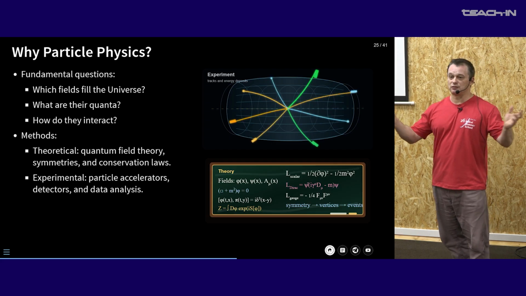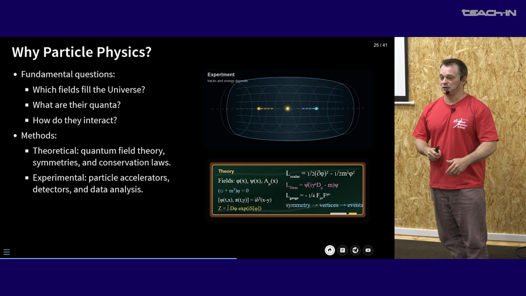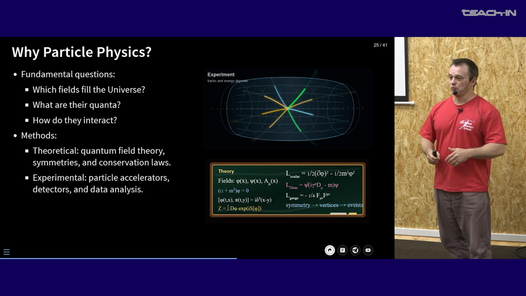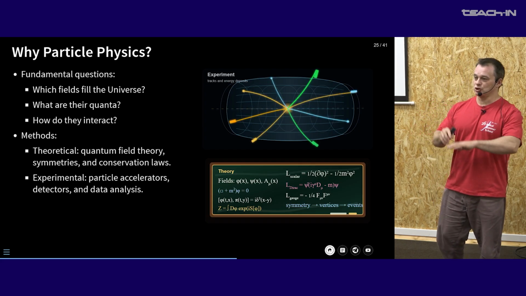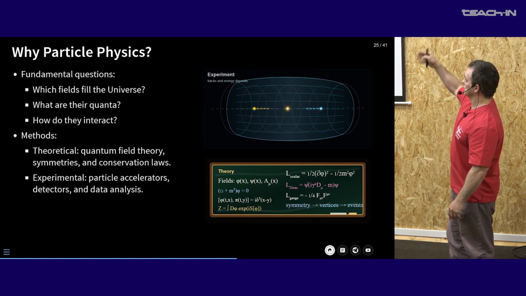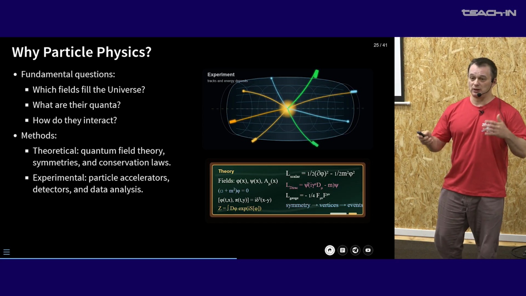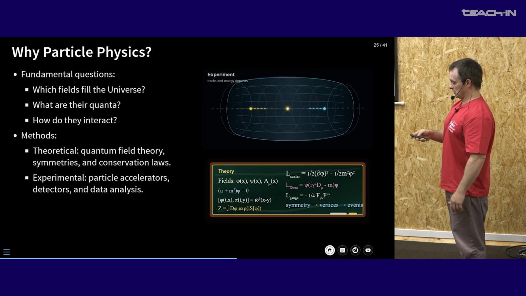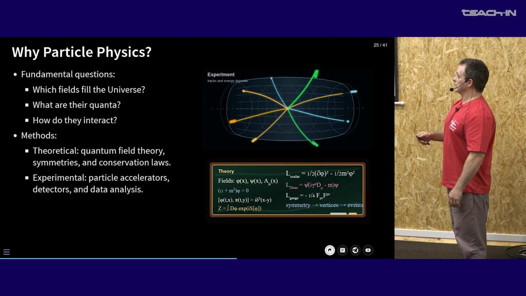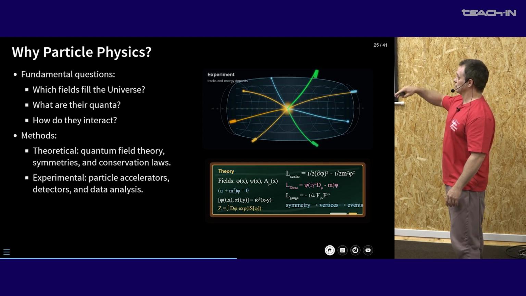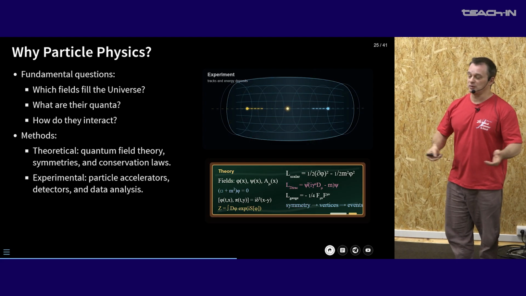You collide different particles in the collider, and you see what is produced, with which rates, and in which directions they go. These two animations just show the typical way these two different worlds work together, and then all these pictures are transferred to fundamental equations and numbers.